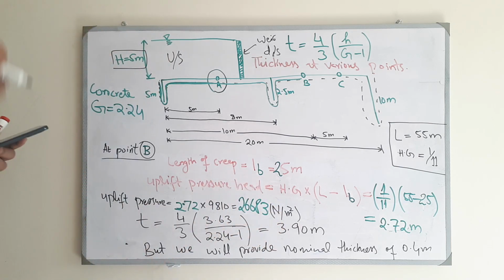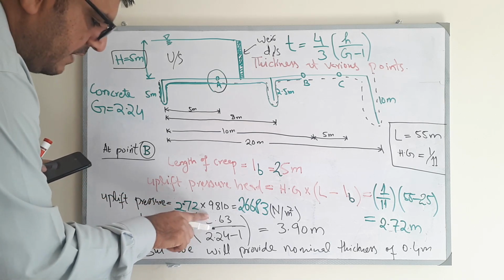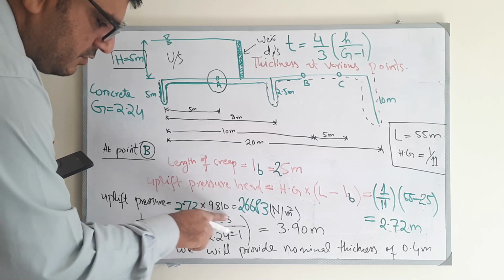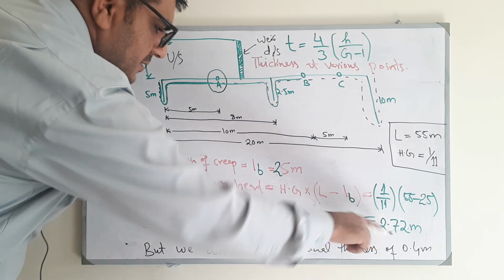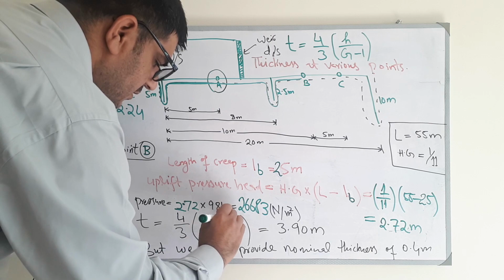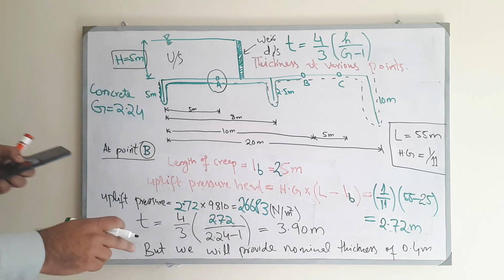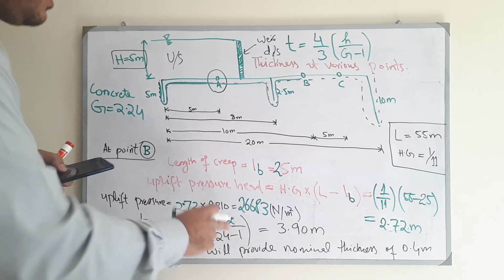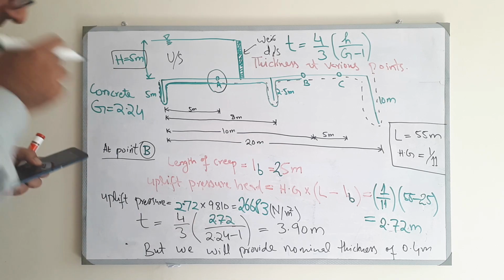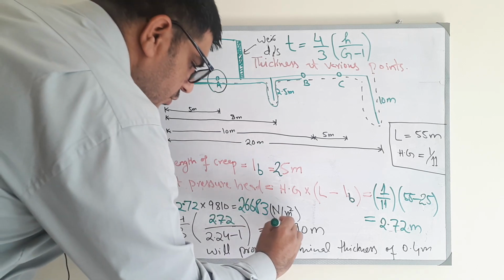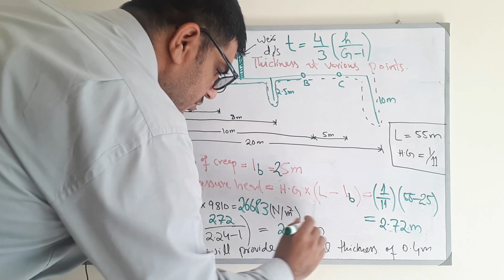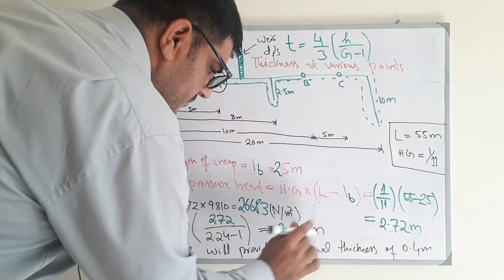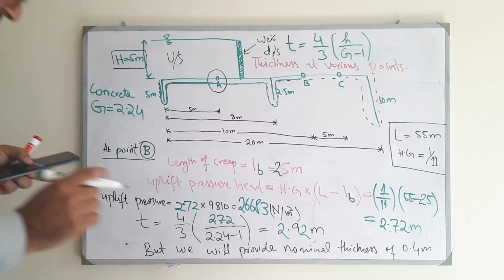So now, while solving this formula, we have to now update the values. So our head is 2.72, and G will remain constant, 4 by 3 is constant, and our thickness comes out to be 2.92 meters.